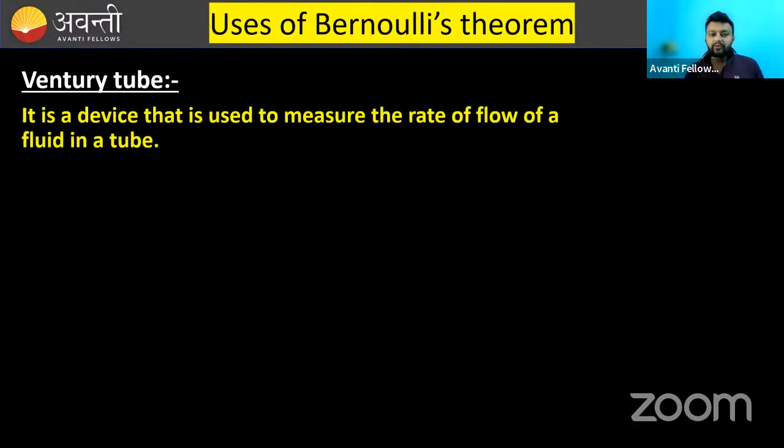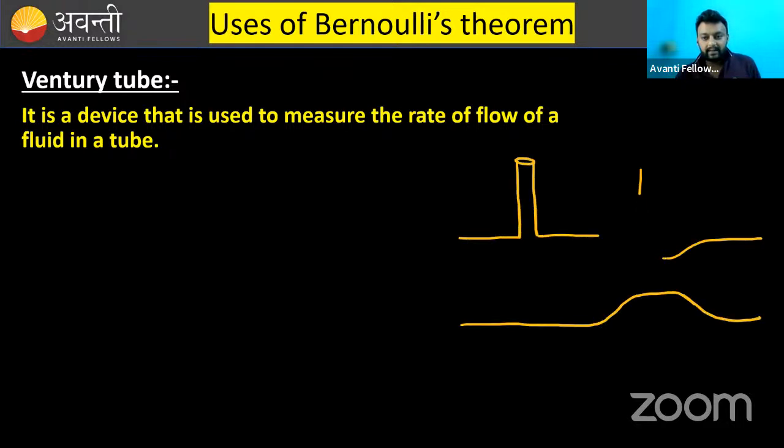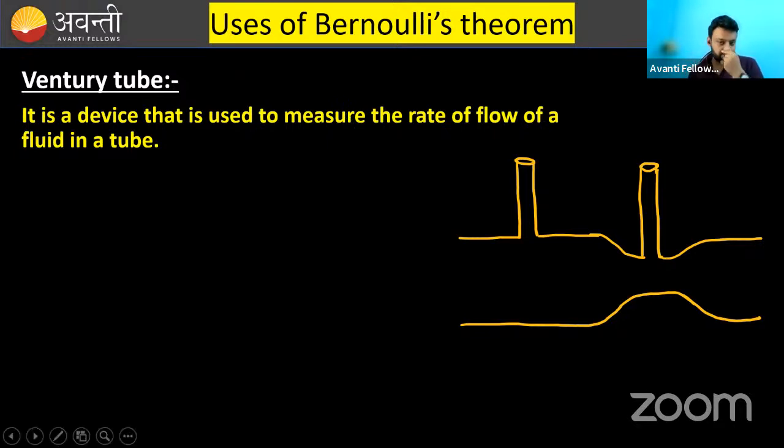Rate of flow of a fluid in a tube, that is what it is used for. Now, how it looks, its construction is like that on your screen. So let me describe it first. You can see this is, let's suppose, end 1. This is end 2.